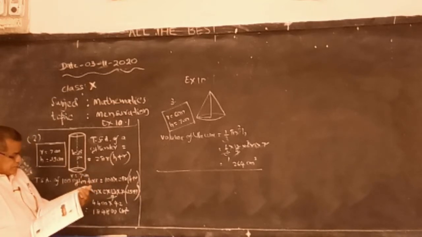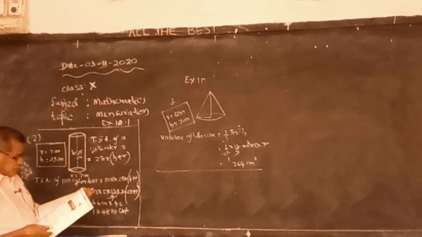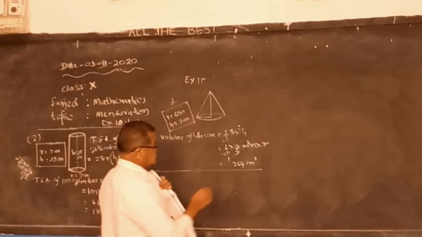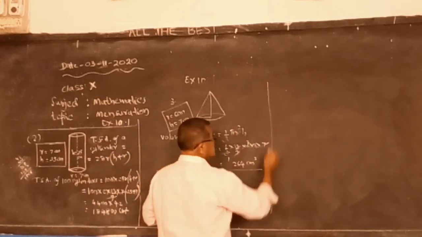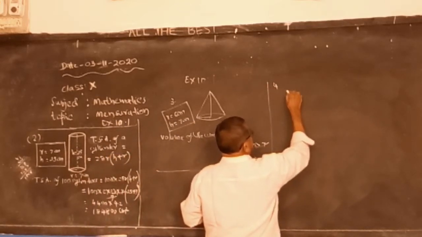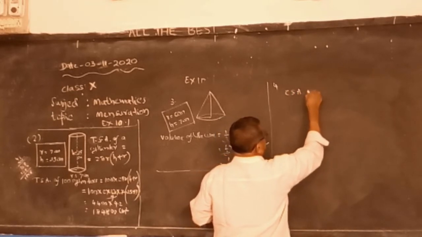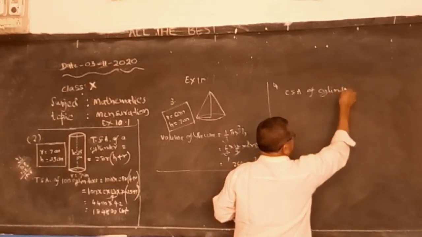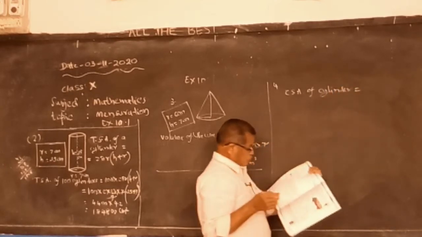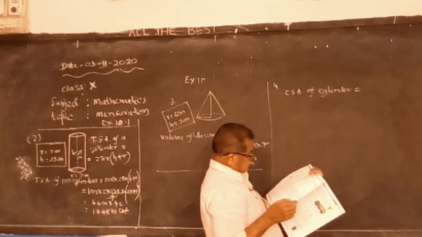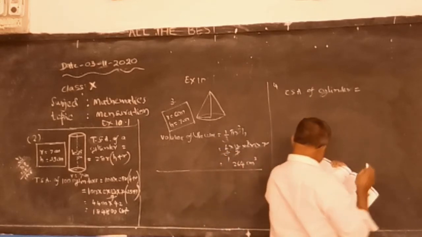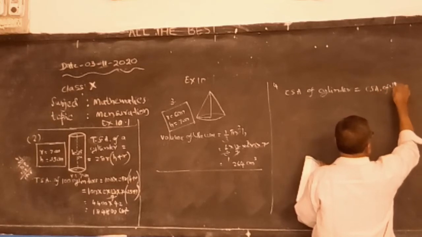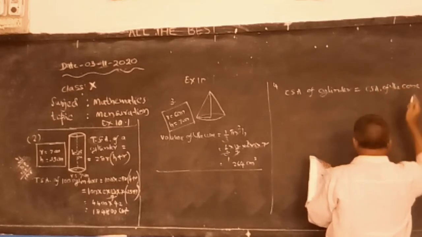The lateral surface area of the cylinder is equal to the CSA of the cone. Fourth problem: CSA of the cone and cylinder is given as equal.